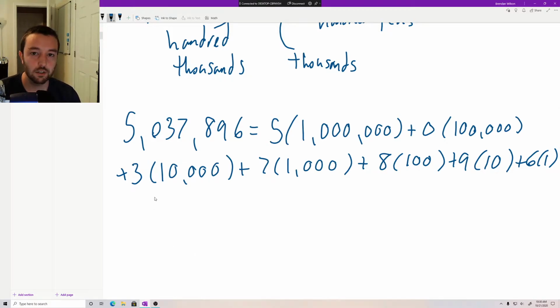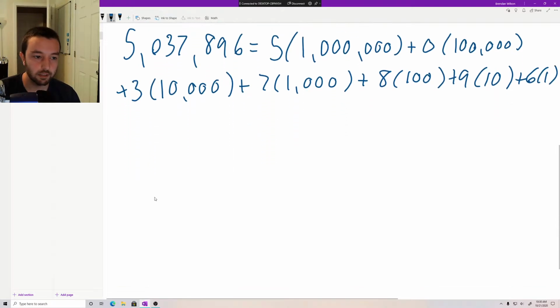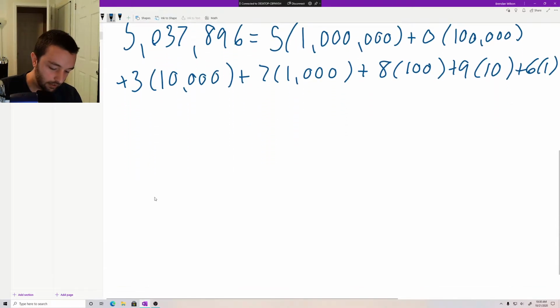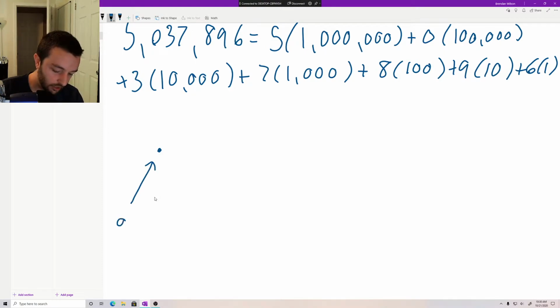So with decimals, we're going to do something similar. Okay. What we're going to do is we're going to add what we call a decimal point, or just a decimal. And on the left side of the decimal will be the whole number part.